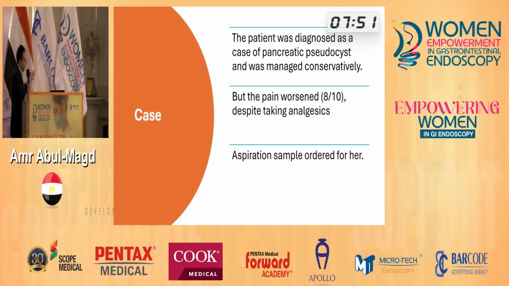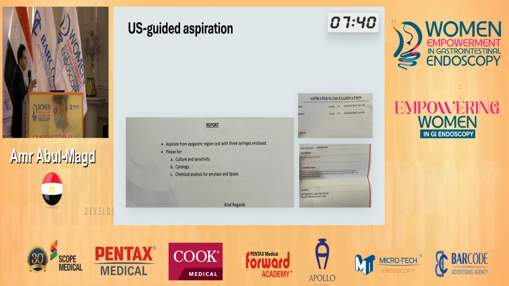The patient's pain was worsening after seeking medical advice, and conservatively there was no improvement at all. So a colleague advised aspiration, which also confirmed elevated pancreatic cyst amylase and lipase.